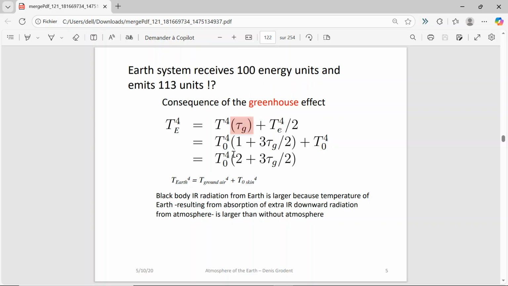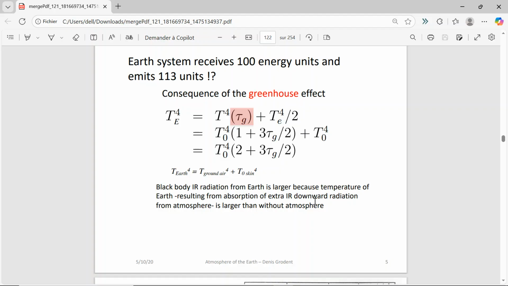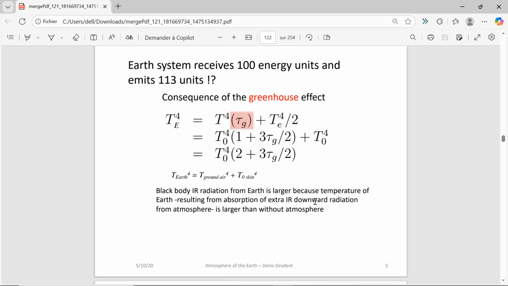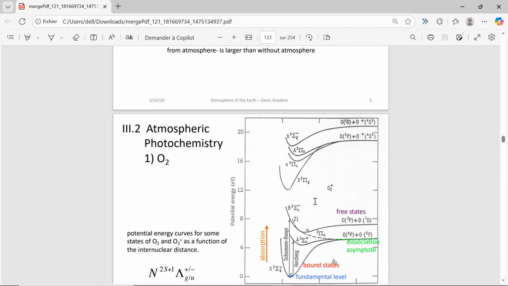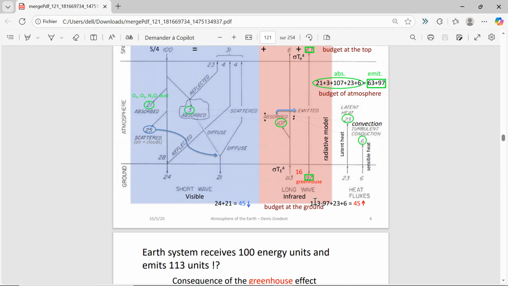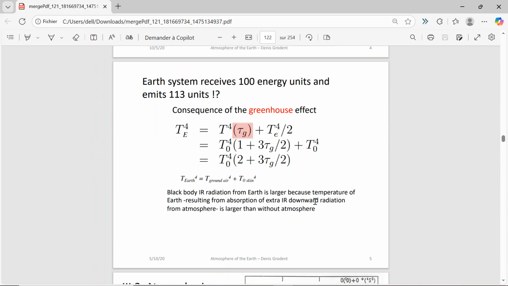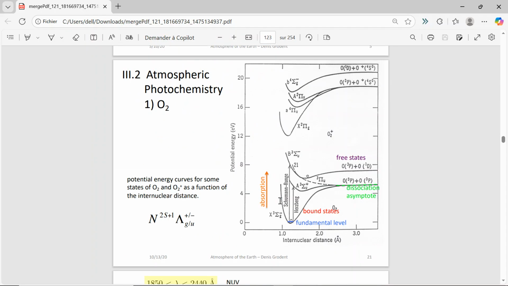So the temperature of the Earth is the temperature of the ground air plus the skin temperature. The blackbody infrared radiation from the Earth is larger because the temperature of the Earth, resulting from absorption of extra infrared downward radiation from the atmosphere, is larger than without atmosphere. All right, they don't understand this slide very well, however, no matter.